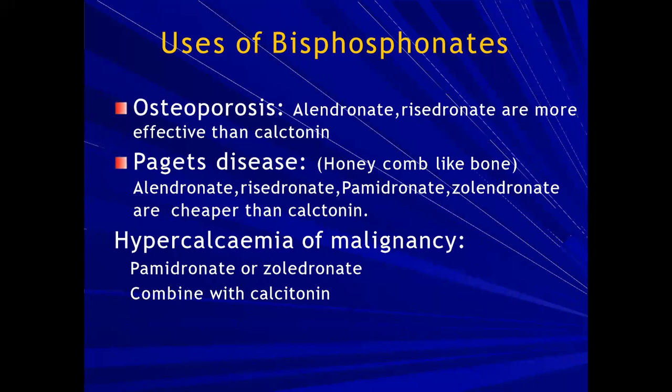So how do we use bisphosphonates? Bisphosphonates are used in the management of osteoporosis. Examples are risedronate, which is more effective than calcitonin. The other use is in the management of Paget disease, which has honeycomb-like bones, where alendronate, etidronate, pamidronate, and zoledronate are cheaper than calcitonin.